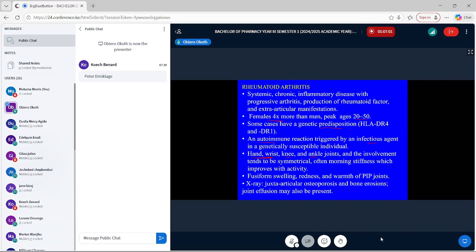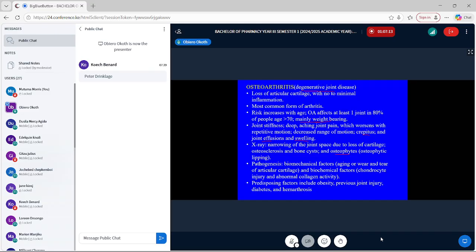The involvement normally is symmetrical, meaning it affects both the left and right symmetrically, and it improves with activity, as opposed to osteoarthritis, which worsens with repetitive movement. So this one is good in the morning, you don't feel it, but the more you walk or work, it gets better.